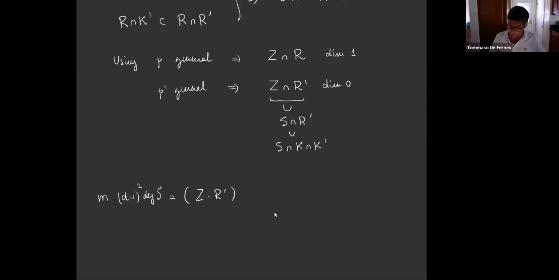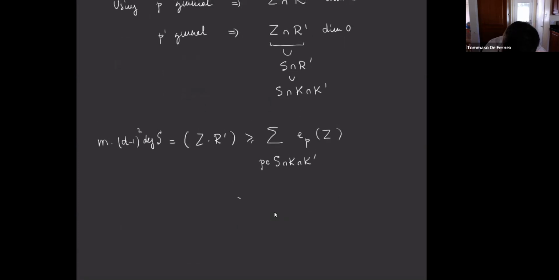That's the intersection number. Now, using this inclusion of finite sets and the fact that I control the cardinality of the smallest one, first of all, this is certainly at least the multiplicity of Z at the points of intersection, at least at those that are contained in this set S intersect K prime.